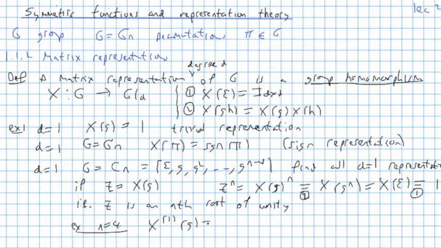And they're characterized where they send the generator, so I send it to 1, or I send it to i, or I send it to -1 or -i. So there are 4 degree 1 representations of the cyclic group.